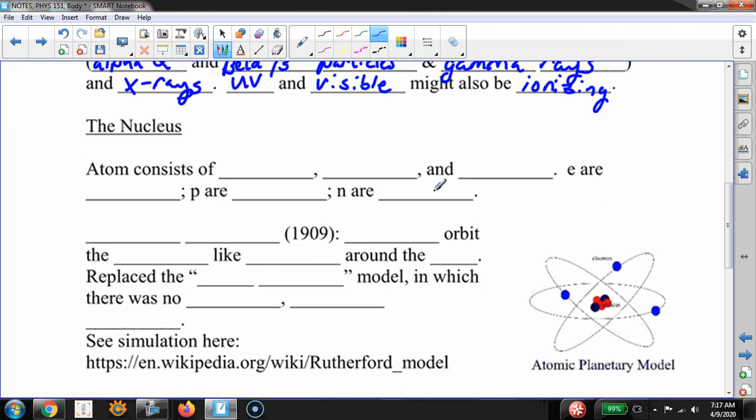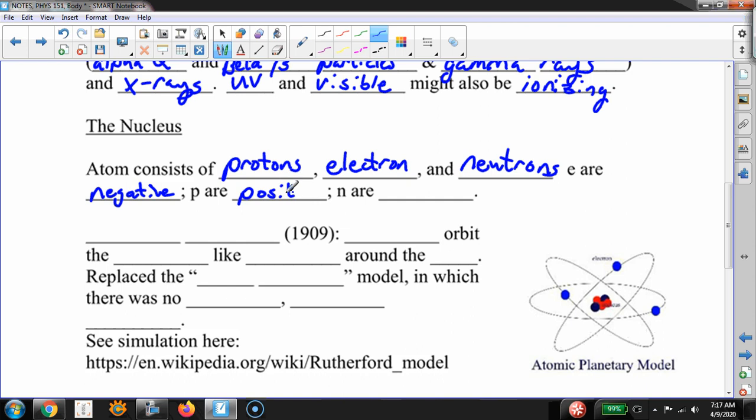I'll keep going. The nucleus. So the atom consists of protons, electrons, and neutrons. Electrons are negative. Protons are positive. And neutrons, of course, are neutral.